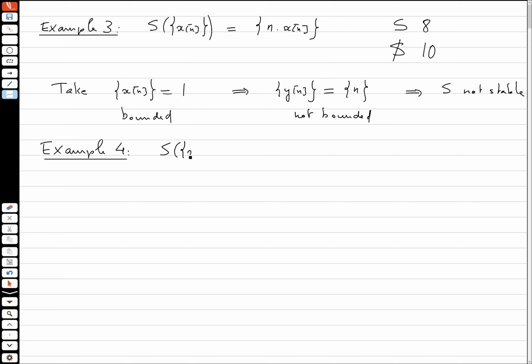S of x of n equals y of n such that y of n has two cases: the sum of x of k going from 0 to n, for n non-negative, and 0 for n negative.